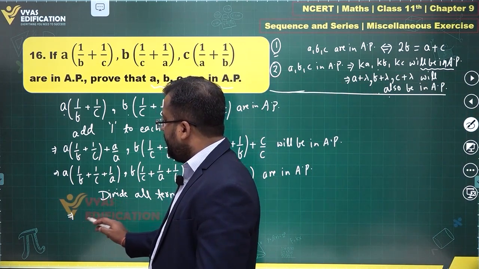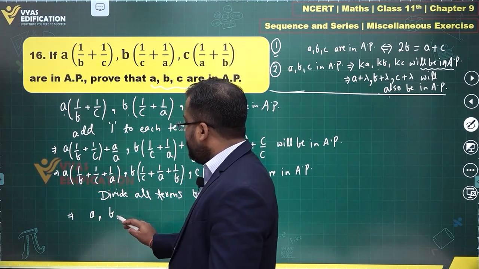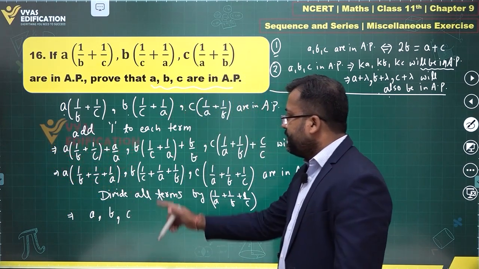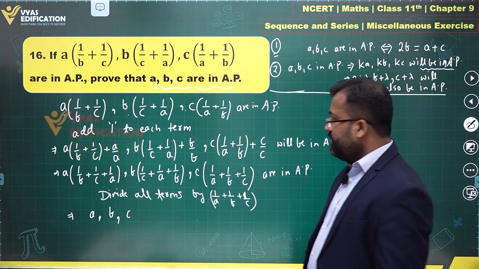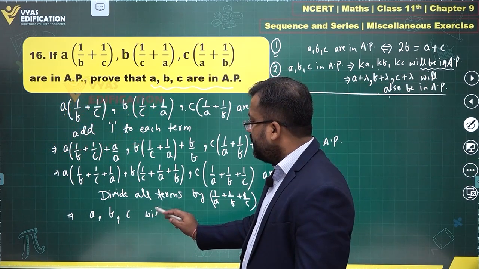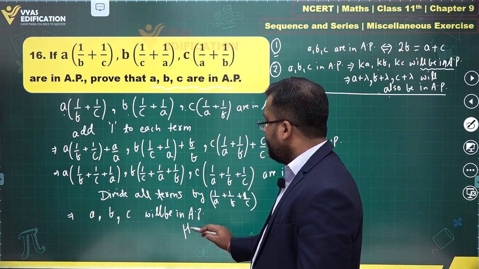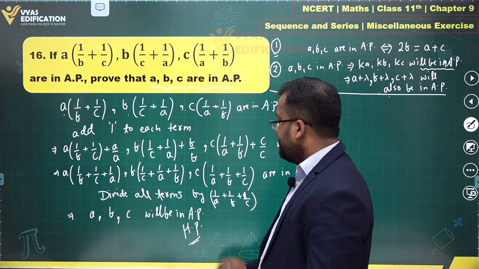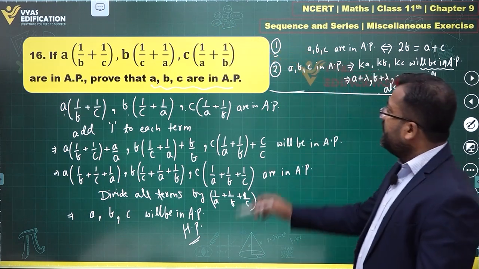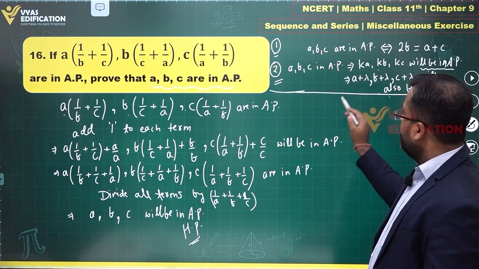This tells me A, comma, B, comma, C, you observe these will be the numbers, these will be in AP. Hence proved. Is that okay? Yes, that's the complete proof using this idea over here.